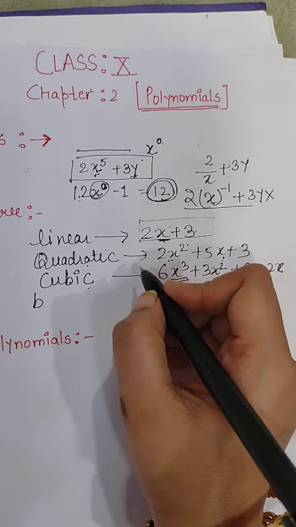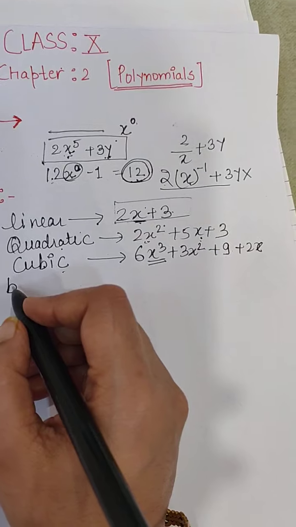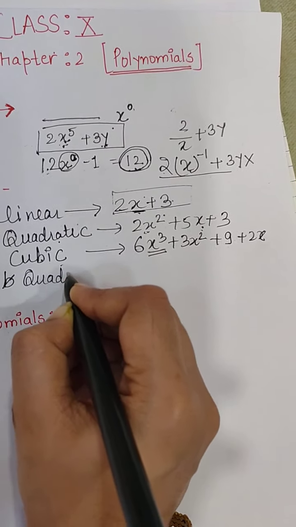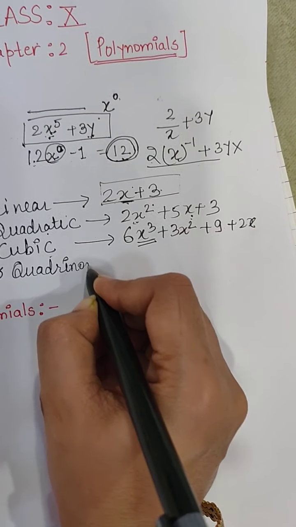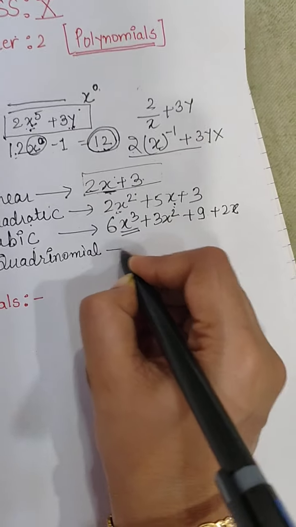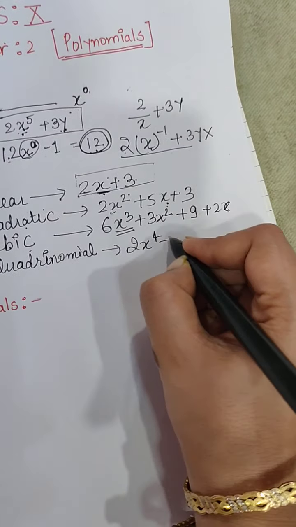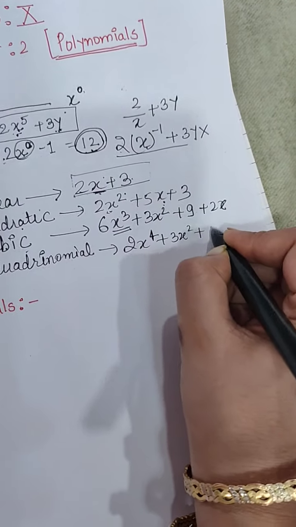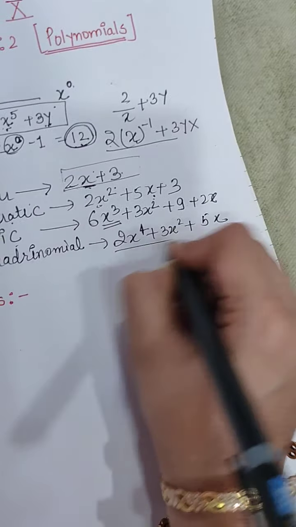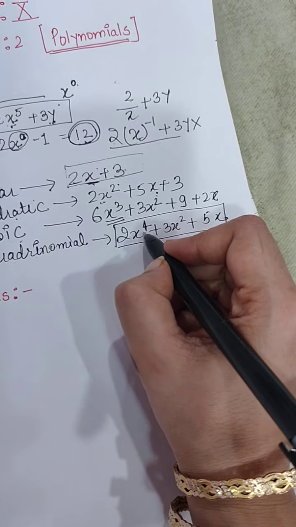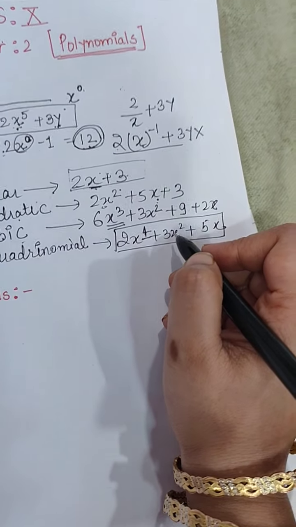And when we have highest degree as 4, we call it a biquadratic polynomial, or we can say quadrinomial also. So the highest degree will be 4. You can take any example. So the highest degree of this polynomial is 4, so this one is a biquadratic polynomial, or you can say quadrinomial. Clear?